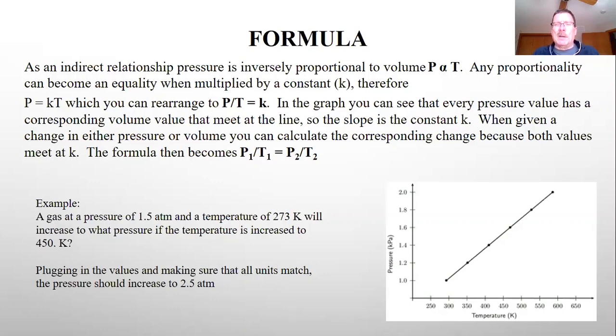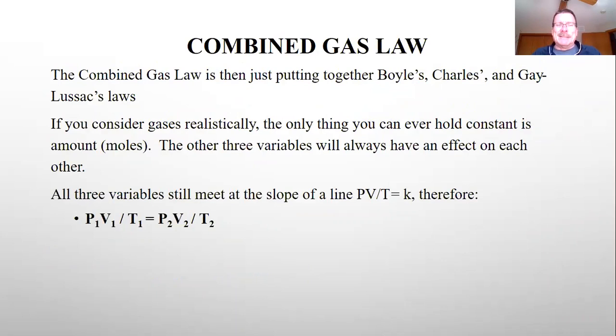Okay. All right. So that's the three parts that go into the combined gas law. Then we smash them together. Okay. The combined gas law is then just putting together Boyle's, Charles's, and Gay-Lussac's. Okay. And the reality is this: the only thing you can really hold constant is the amount.